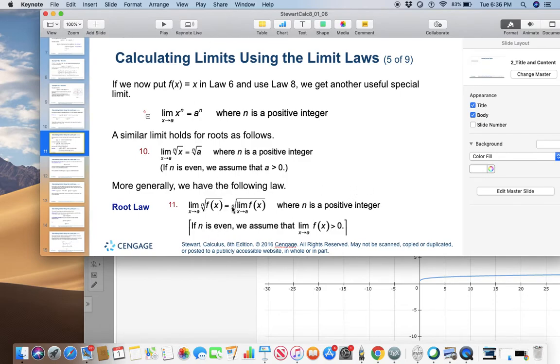N has to be positive. If n is even, we assume that this limit is greater than 0. Why? Because if you are looking at an even root, square root, fourth root, the object inside should be positive, or you become a complex number. So as to avoid complex numbers, you are requiring this. All right.